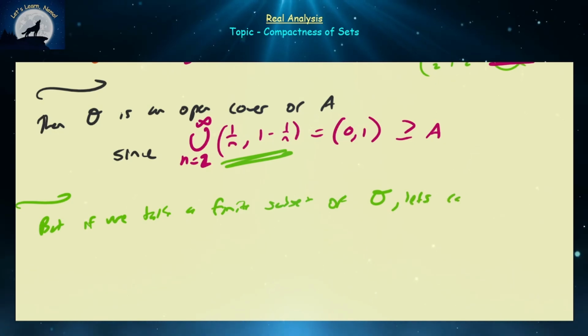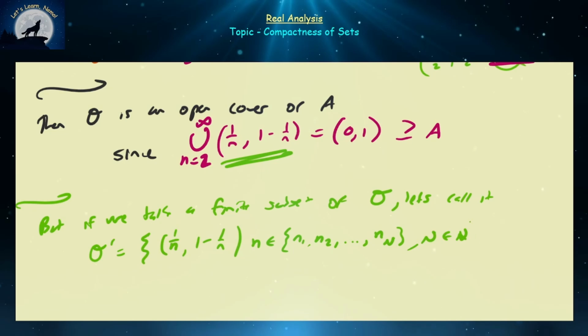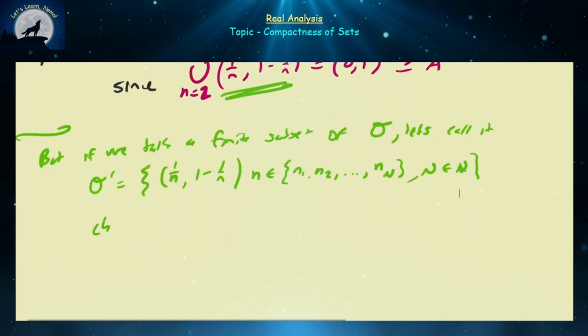Let's call it O prime, the set of all intervals of the form (1 over n, 1 minus 1 over n), where n is an element of n1, n2, all the way down to nN, where N is, of course, a natural number.